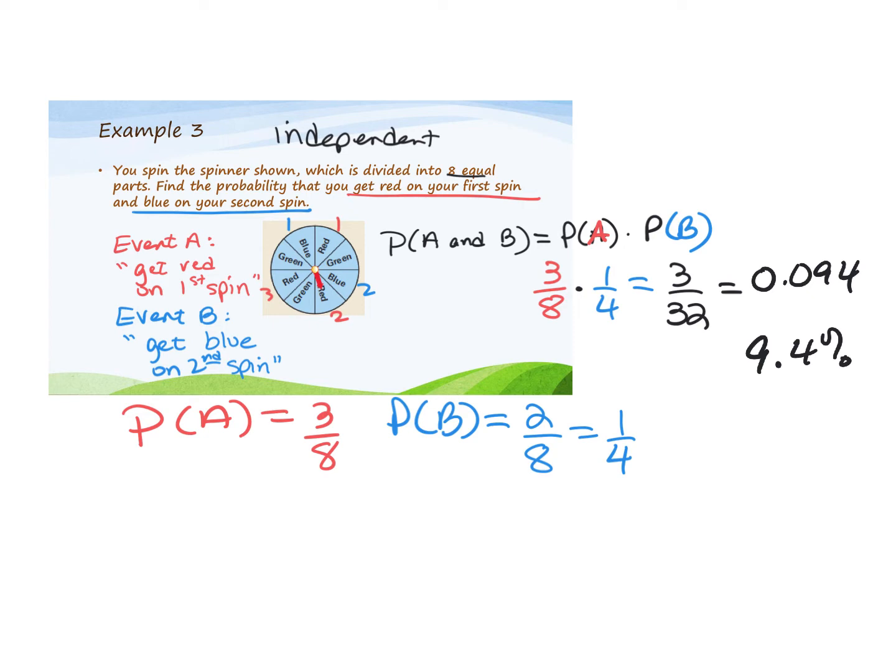Most of the questions on Big Ideas want you to round to the nearest whole percent, so it would be 9%. So independent events are super easy. You just find the 2 simple probabilities separately and then multiply. Always reduce all fractions when you enter them into Big Ideas.